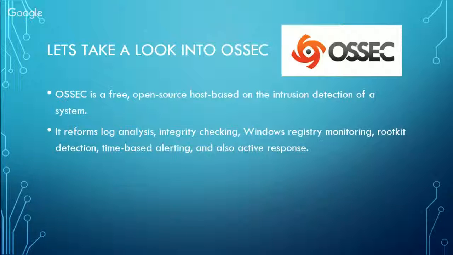Windows registry monitoring, checking users or any other access people can get in through. Rootkit detection as well, time-based alerting, and also active response. So if people are trying to get in using any of these techniques, it will definitely detect that for you. And I think for a company, that's good.